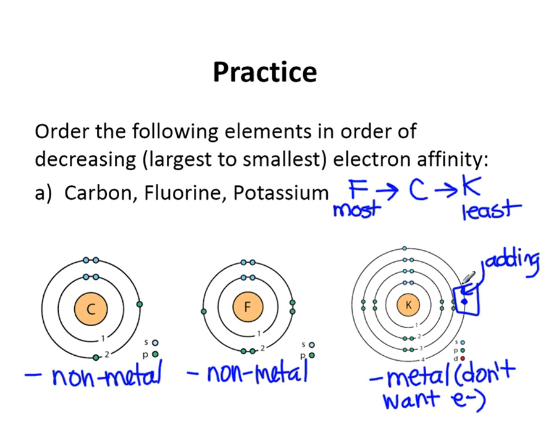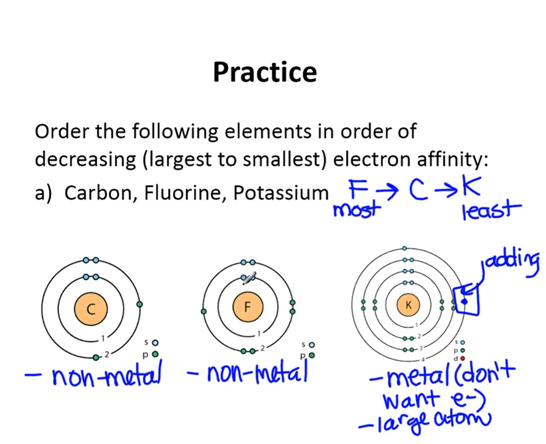It's unpaired, it's not exactly balanced, so it might not want it. All of those protons are sitting also in the nucleus, and if it wants to attract that electron, there's a lot of different energy levels and electrons blocking its path to feel that positive charge there. So it would rather not keep it. The size of the atom is large, and it doesn't feel those protons at all.